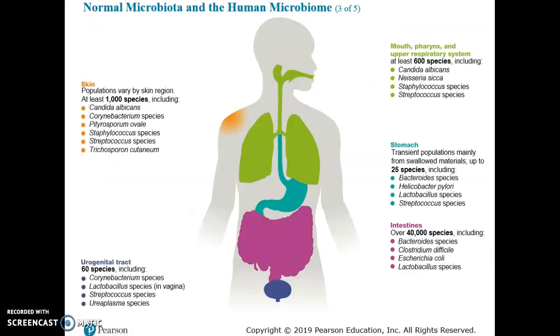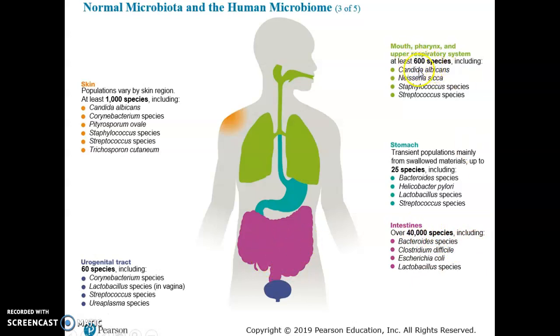All right, so you can look at all the different bacteria that are present as our normal flora, and this information came out from the Human Microbiome Project that looks at some of the different areas of the body where we know that bacteria are present. So, just for example, in the intestinal tract, 40,000 species of bacteria live in our GI tract.